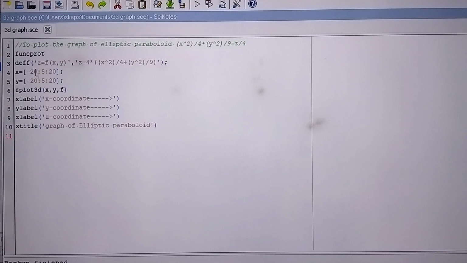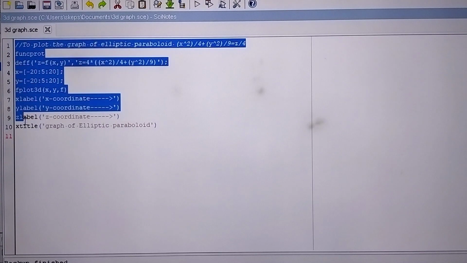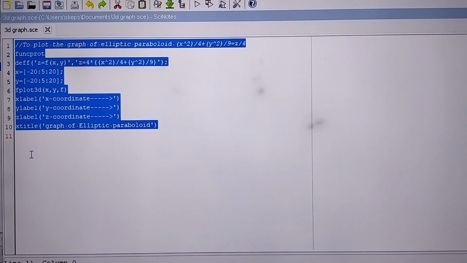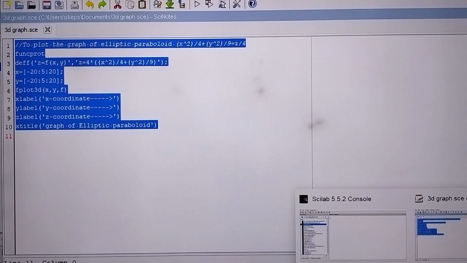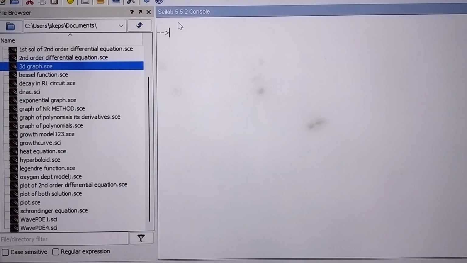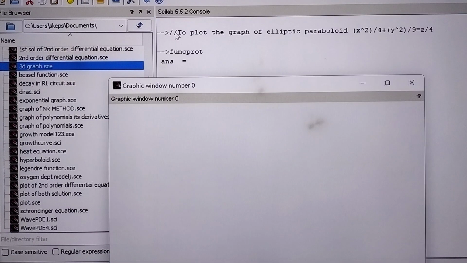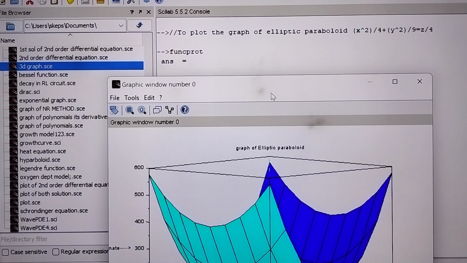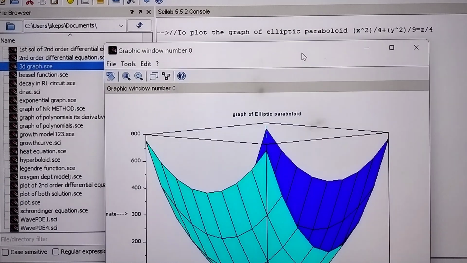So now simply copy this one and paste it in the console. Simply paste it in the console, and the graph, see here, is the graph of the elliptic paraboloid.